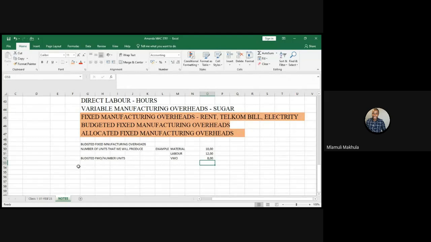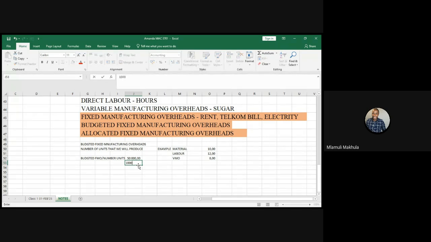Let's say I estimate that for the whole year my fixed manufacturing overheads will be 50,000, and the number of magwinyas that I'm expecting to produce is 10,000.